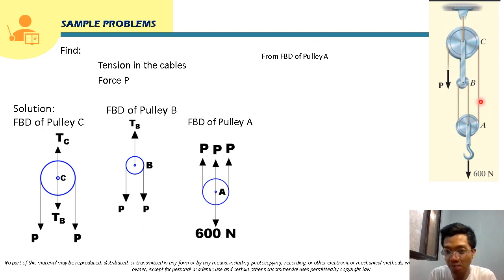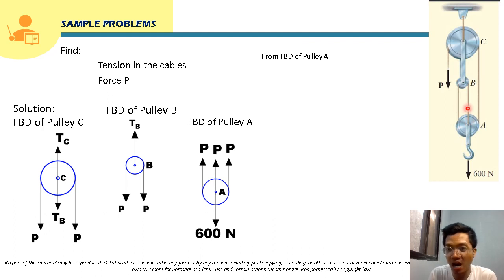Meaning to say, these three cables here that support this pulley A will be the support of pulley A. So this will all be P, since it is continuous as it passes through pulley A, as it passes through pulley B, until it is cut here at this point.